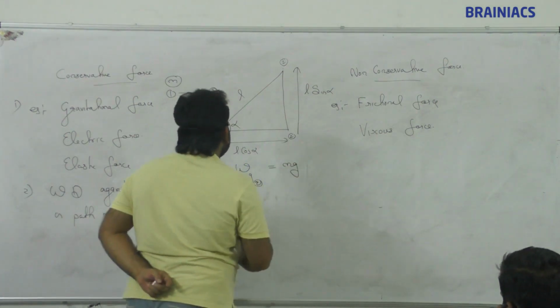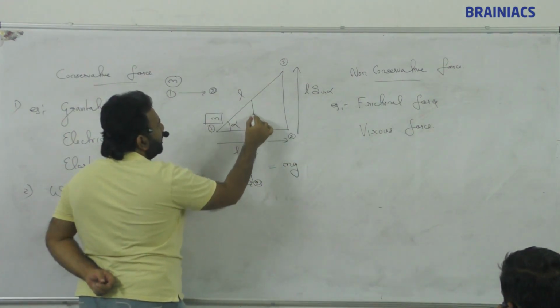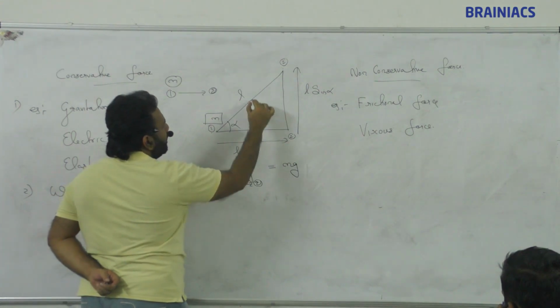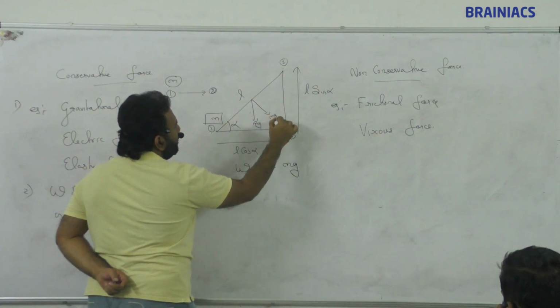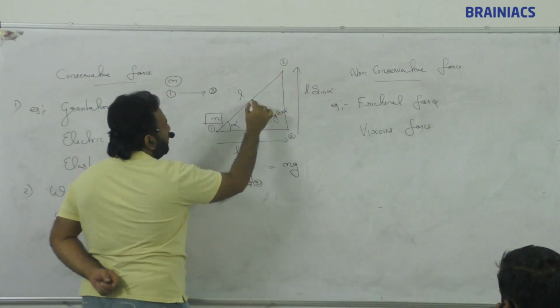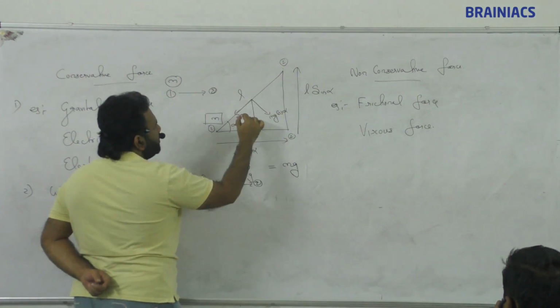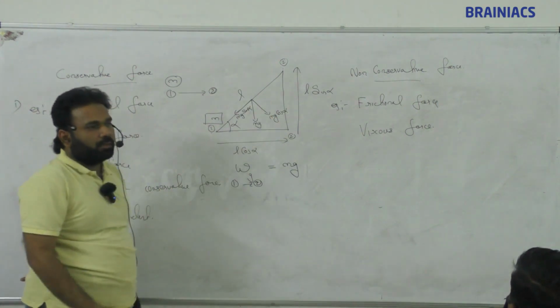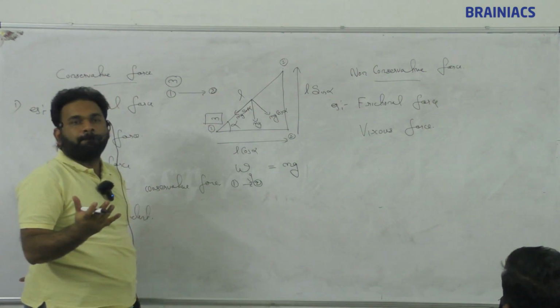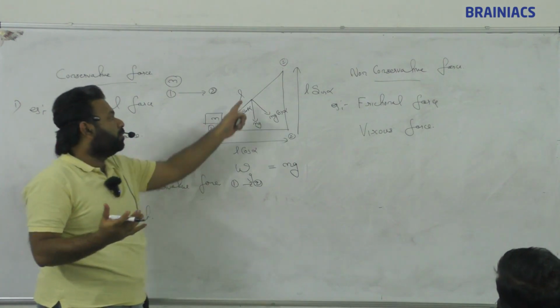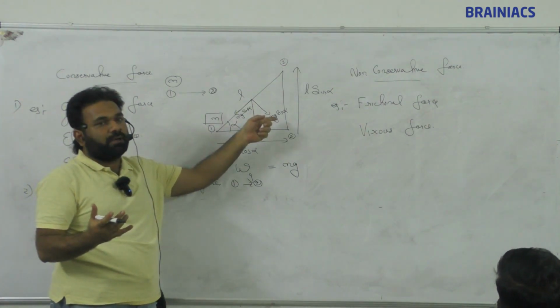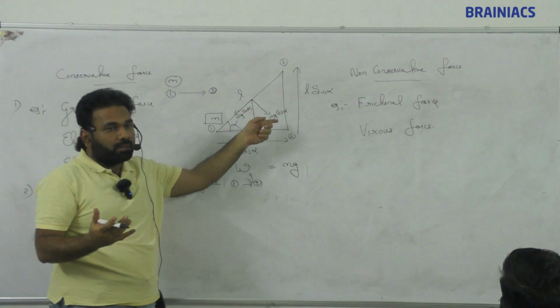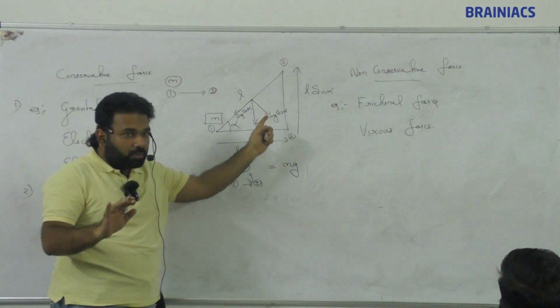This is mg, this is mg cos alpha, and this is mg sin alpha. Due to the mg cos alpha component, what will the work be? If there are any doubts, tell me.